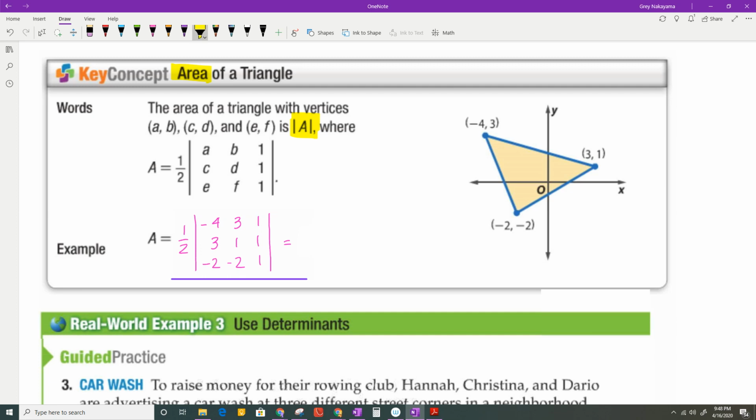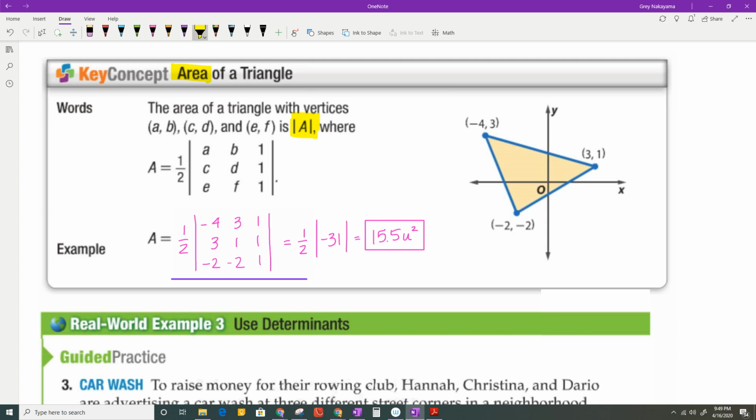The order that you put those down does not matter. The last column is ones. Okay, and when I do my downhill minus my uphill, I'm going to get 1/2, and that inside, that determinant of this 3 by 3 is -31, and 1/2 of -31, the absolute value of -31 is, of course, 15.5.